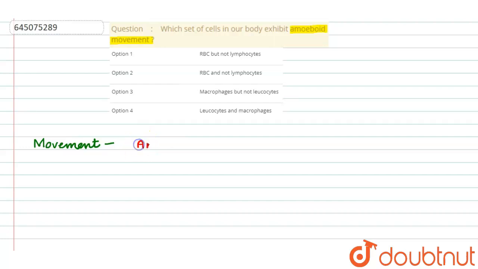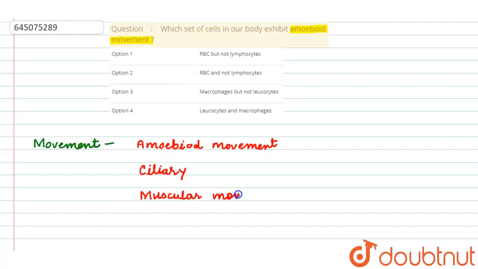The first kind is Amoeboid movement, and the question is also about Amoeboid movement. The second kind is Ciliary movement, or ciliary effect. And the third kind is muscular movement.